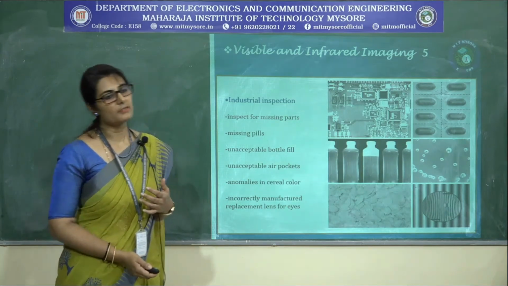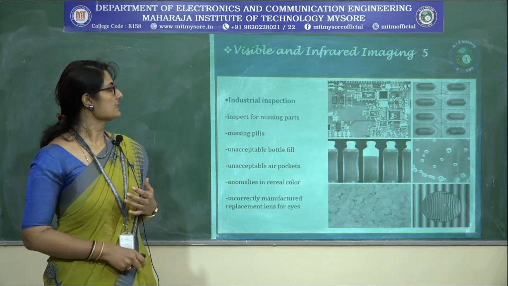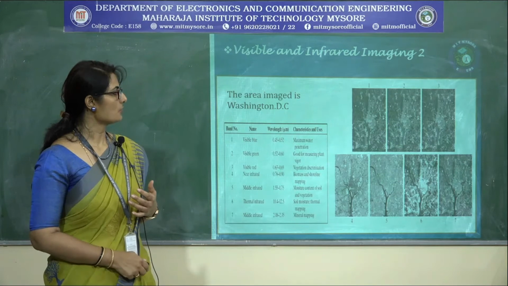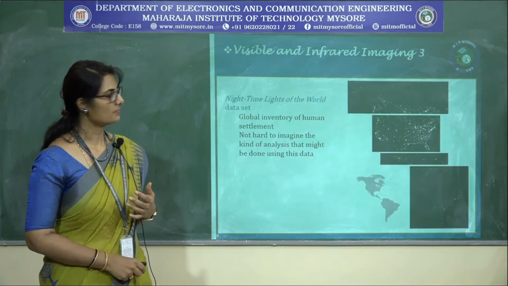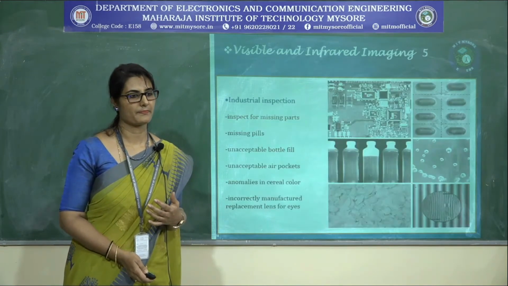So these are some of the applications of visible and infrared imaging. Usually the satellite images I showed here, Washington DC and this world map, are taken with infrared rays.